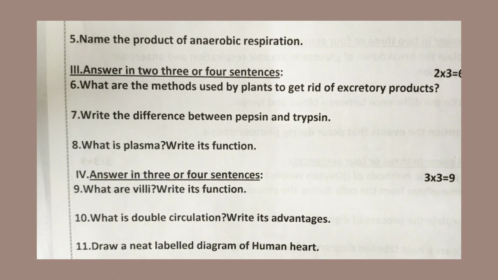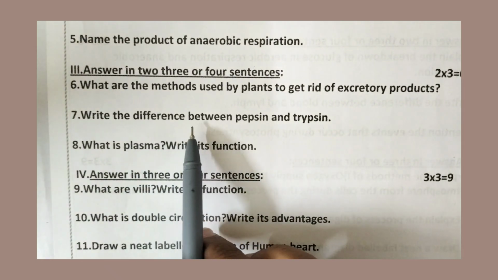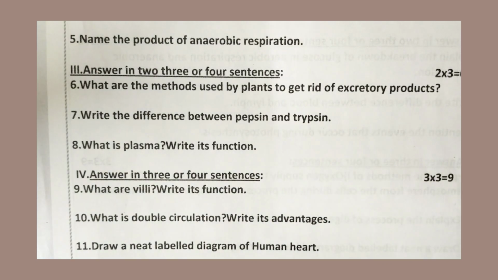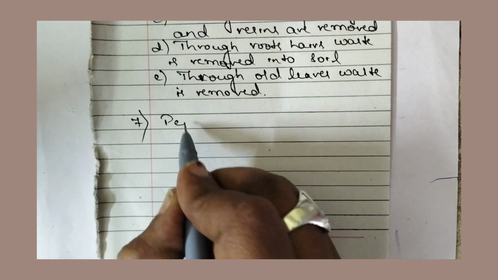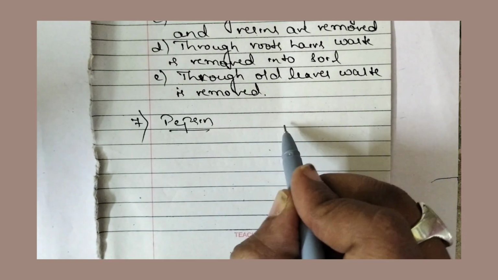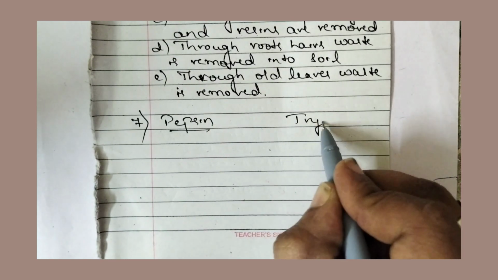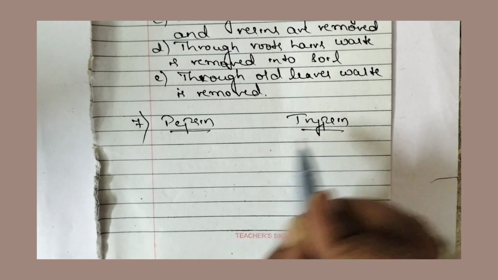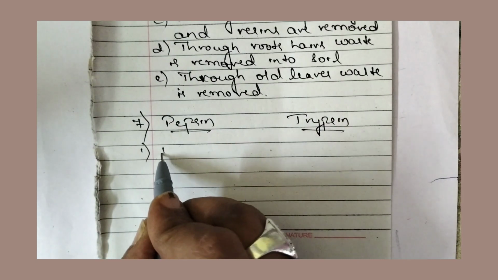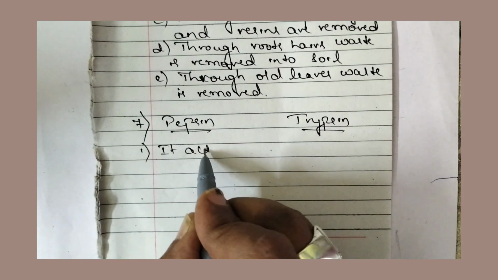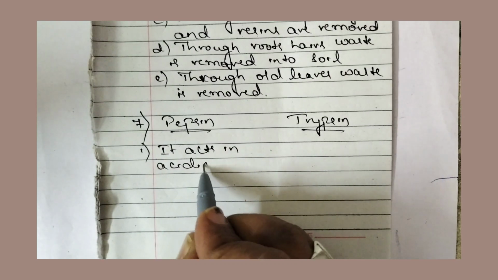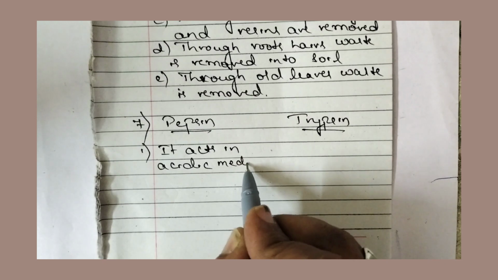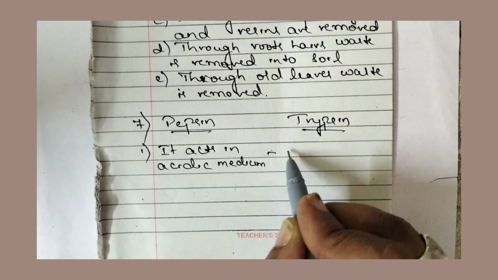Question number 7 is: write the difference between pepsin and trypsin. Let us differentiate between pepsin and trypsin. On one side let us write pepsin, on the other side trypsin. Pepsin acts in acidic medium.